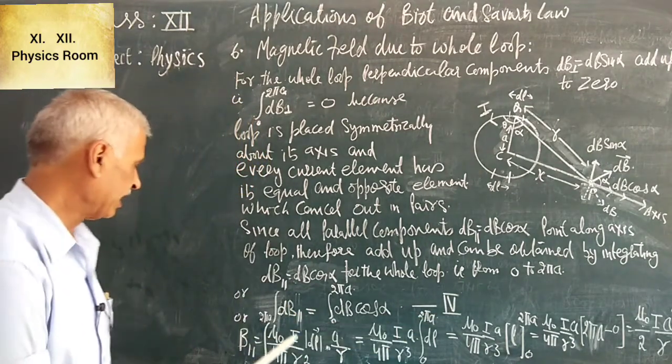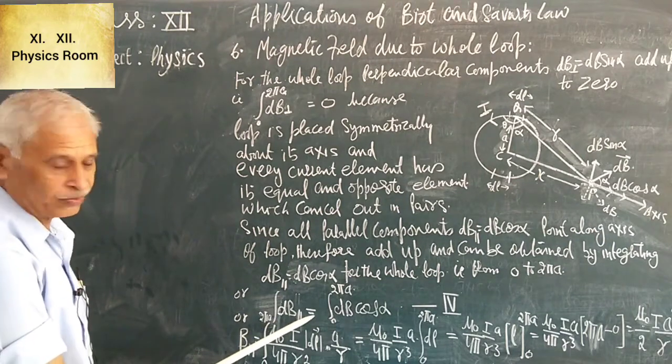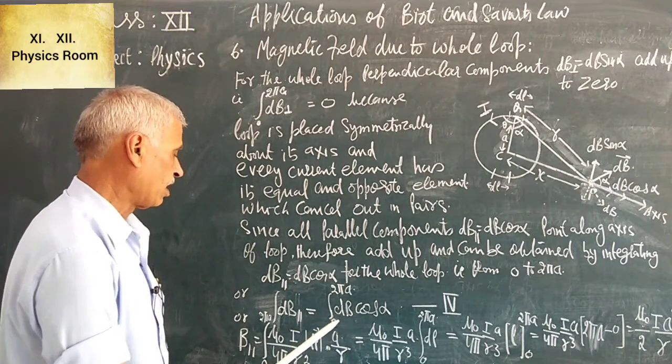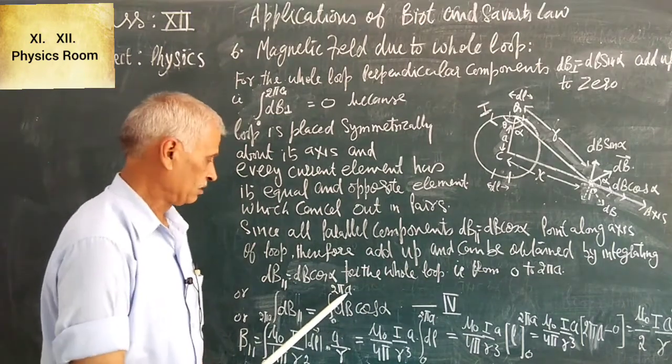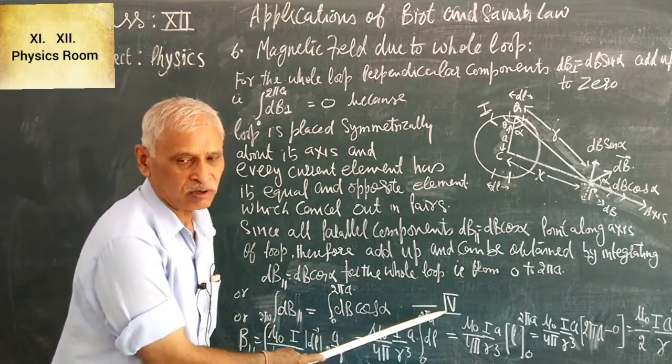Now let us integrate. Integration of dB parallel is equal to integration of dB cos alpha from 0 to 2 pi a. So let us mark it as equation number 4.